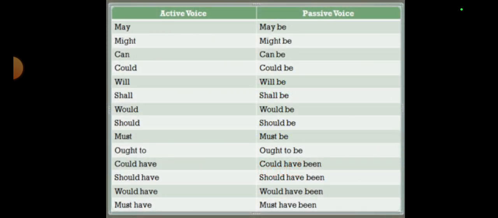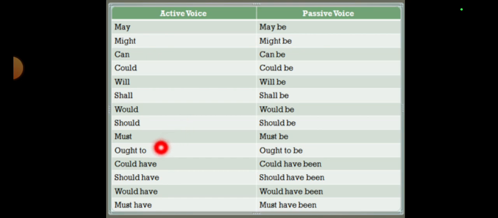What you have to do is keep them same, just add be, right? Like may will be changed into may be, might will be into might be, can into can be, could be, will be, shall be, and so on.